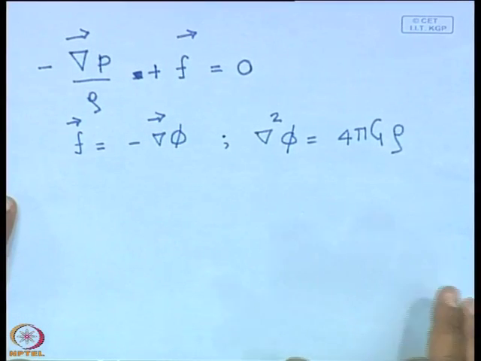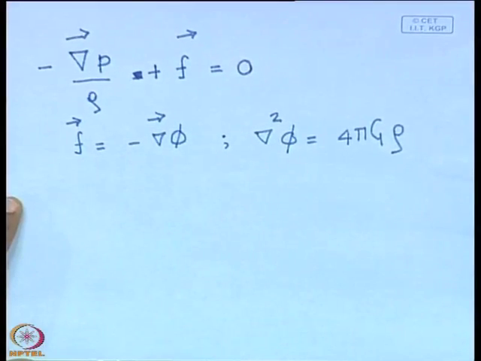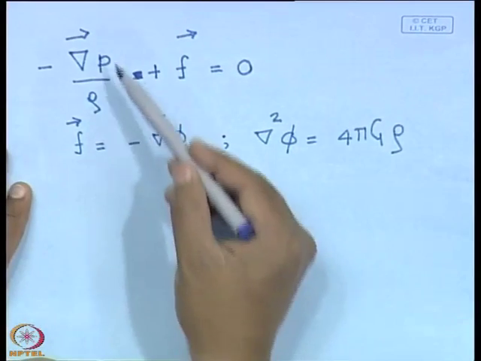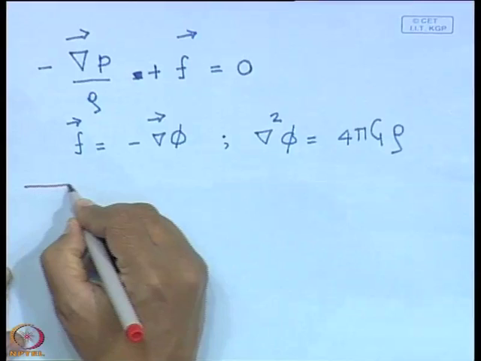Now, in order to solve this equation, we need to know what the density is. There are two unknowns, the pressure and the density, so we need some relation. We shall start off with a very simple assumption. Our assumption here is that the density inside the sun is a constant.